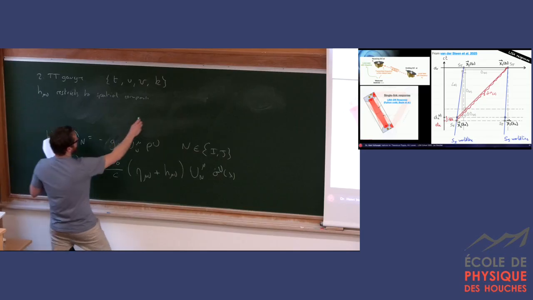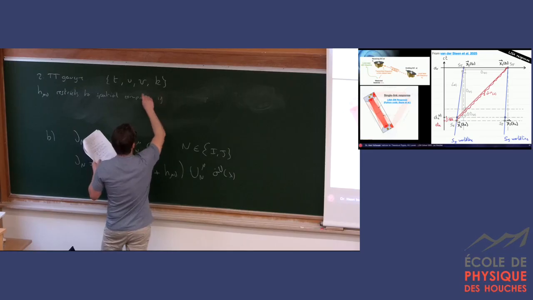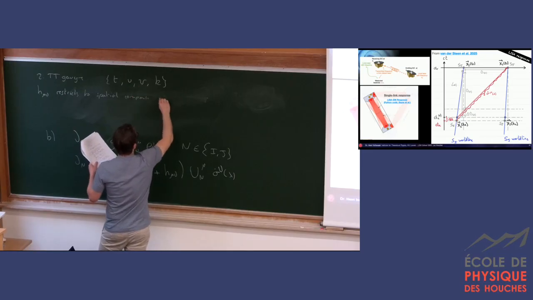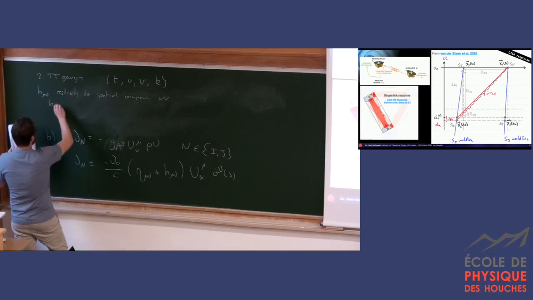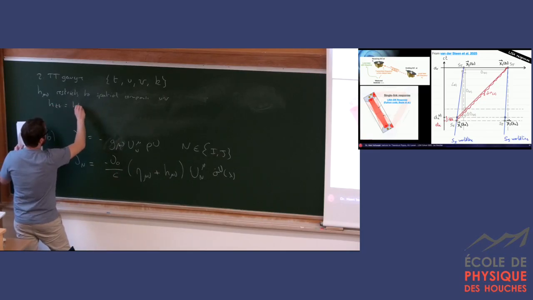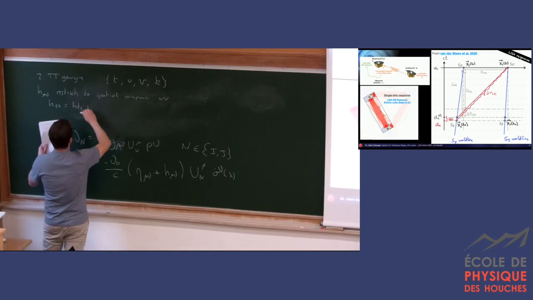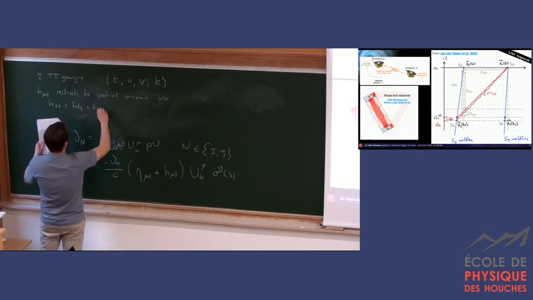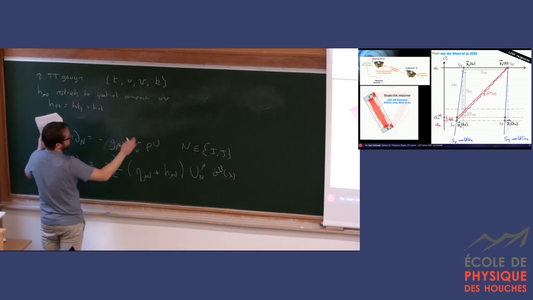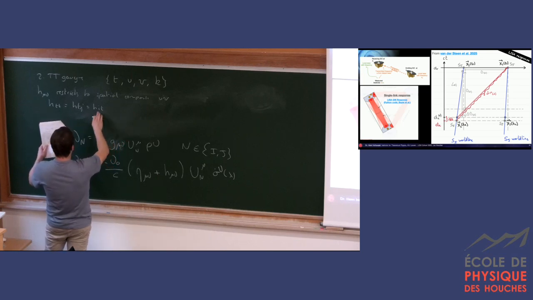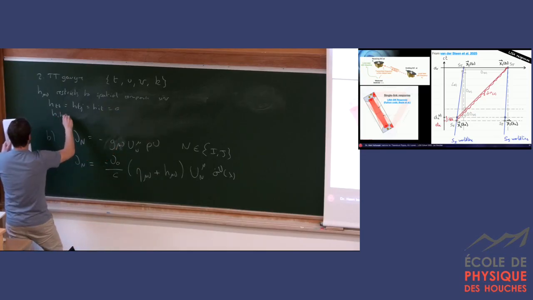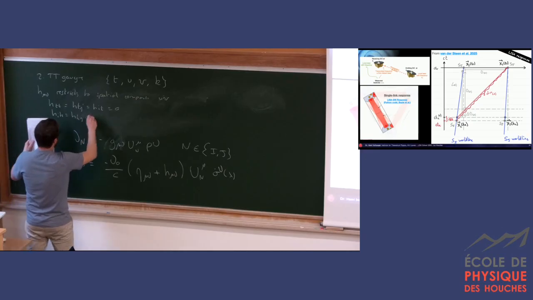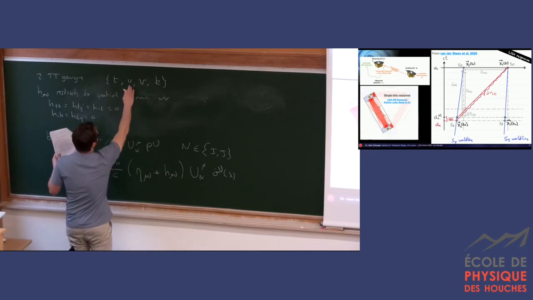And so restrict to spatial components ij, in this case uv. Meaning that you can write h^TT equal h_ij between, well, I could have put uv, but it's just spatial components, and zero elsewhere. So you only have the components in u and v which are non-zero.